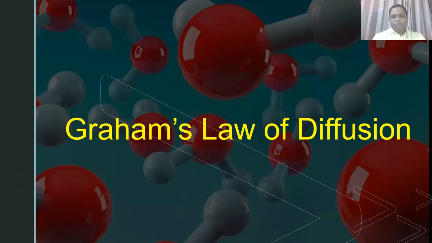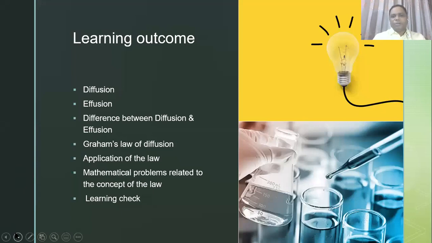Before going to the brief discussion about Graham's law of diffusion, let's see our learning outcome from this lesson. From this slide you can see that we will learn what is diffusion, and the difference between them.